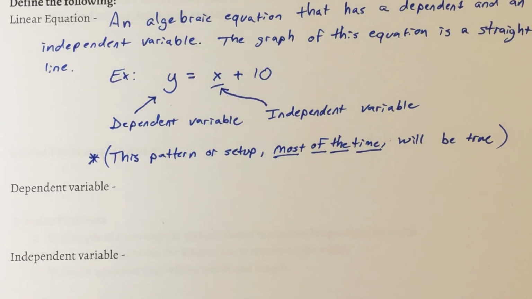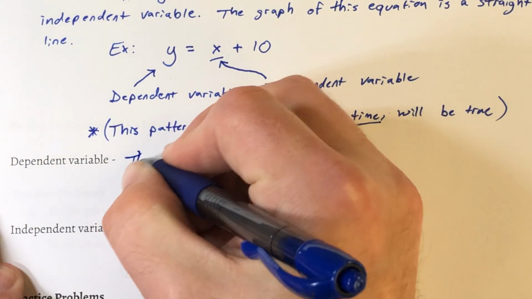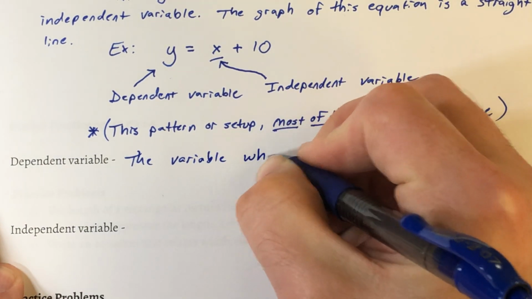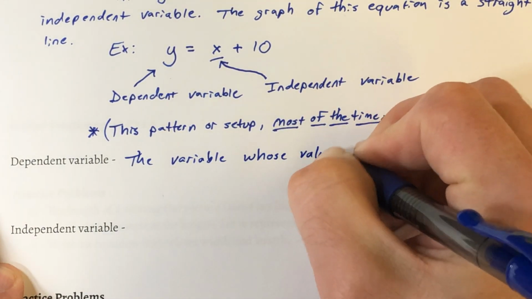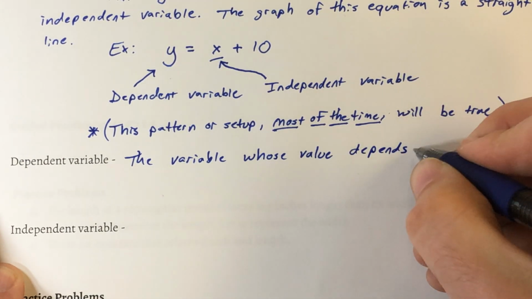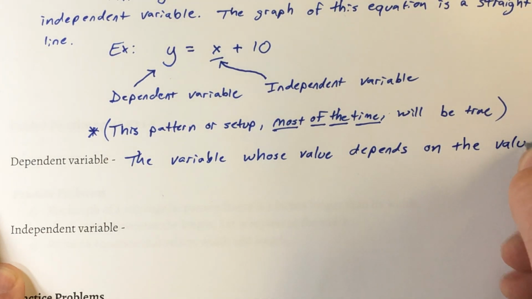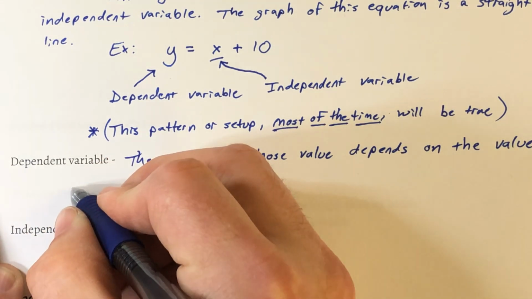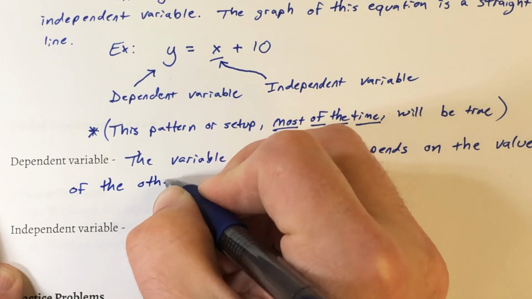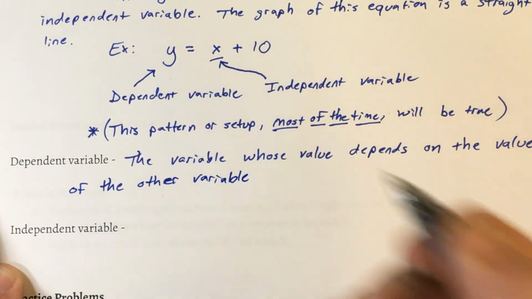All right, let's discuss our variables, dependent and independent. Dependent variable. This is the variable whose value depends on the value of the other variable. What's the other variable?